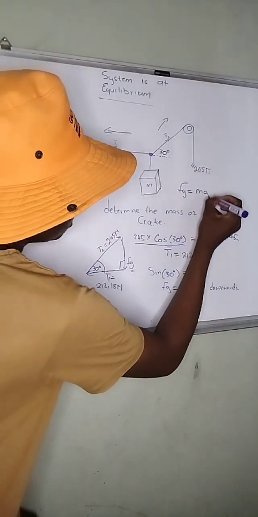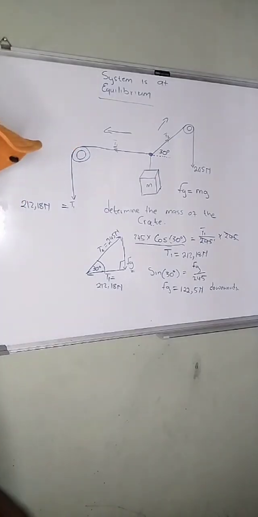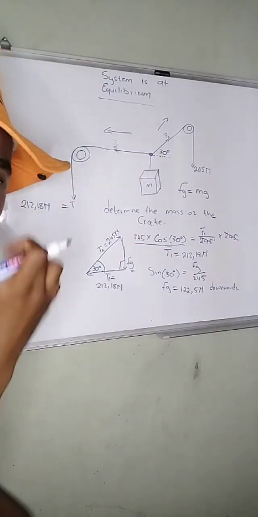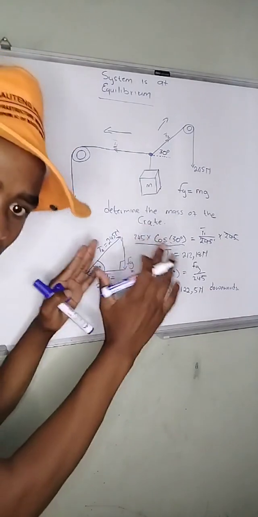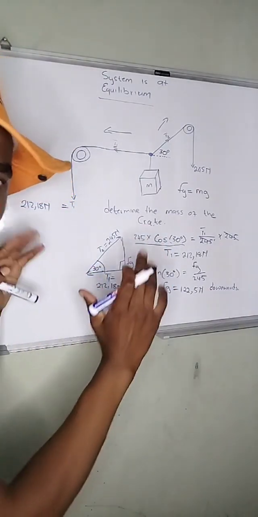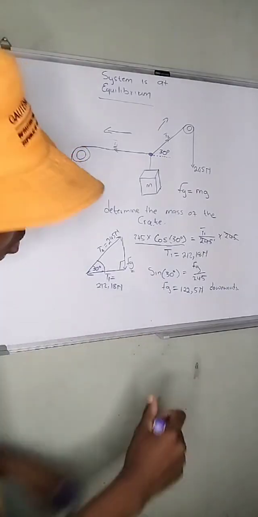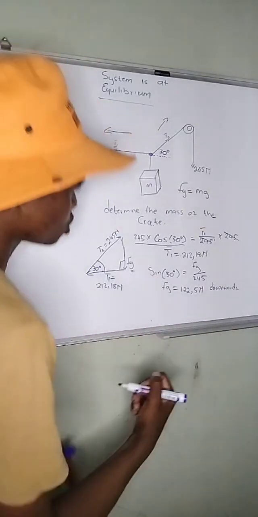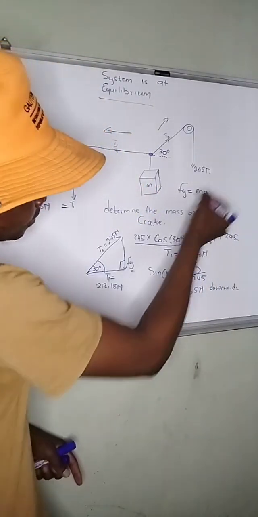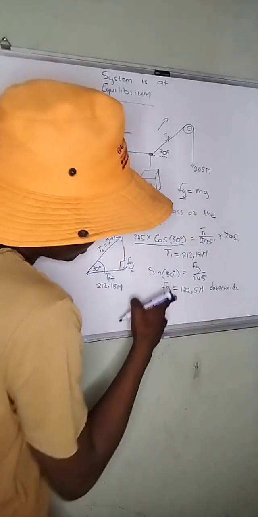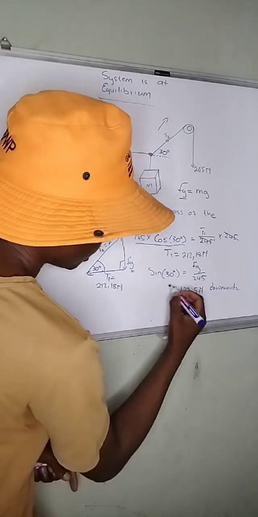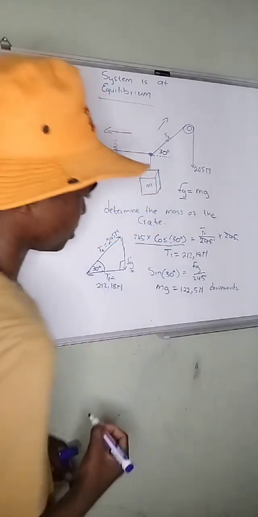It's going to be equals to MG. Not F net. Guys, this is Newton's first law. These are forces at equilibrium. So, since FG is going to be equals to MG, I can simply remove this and put MG there.